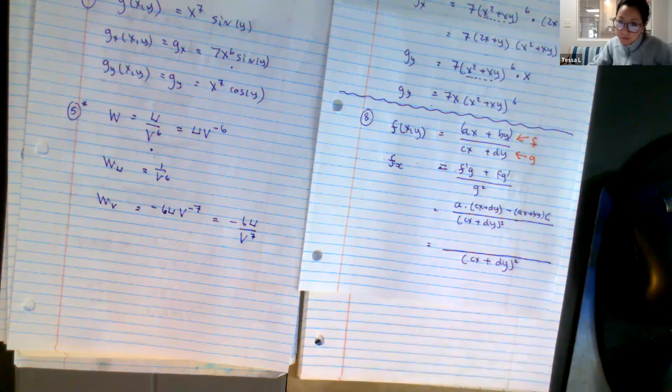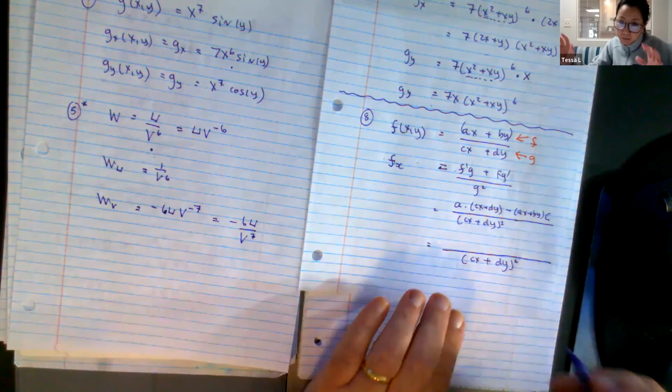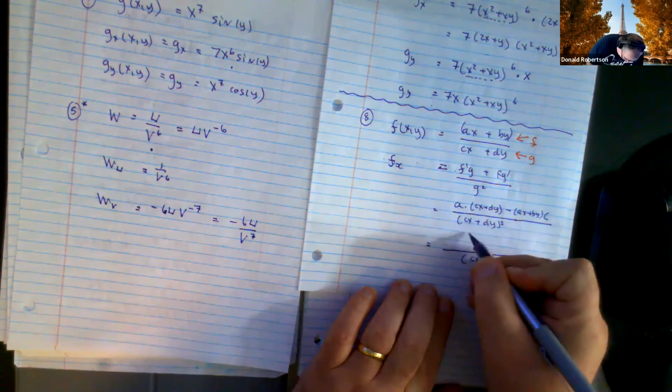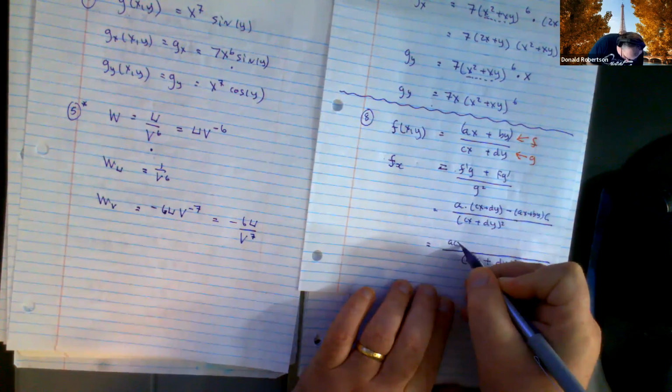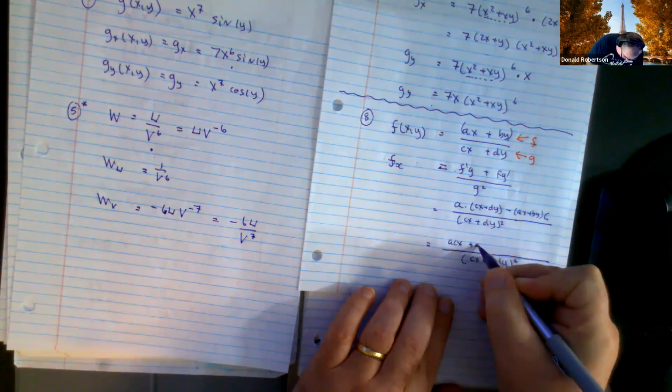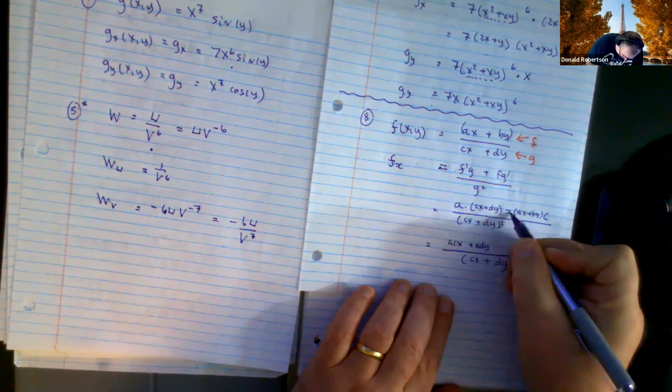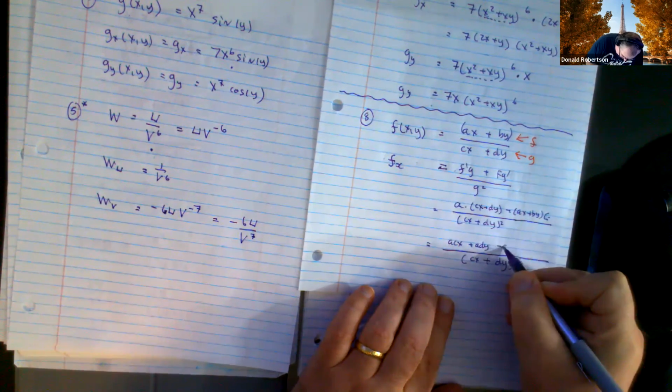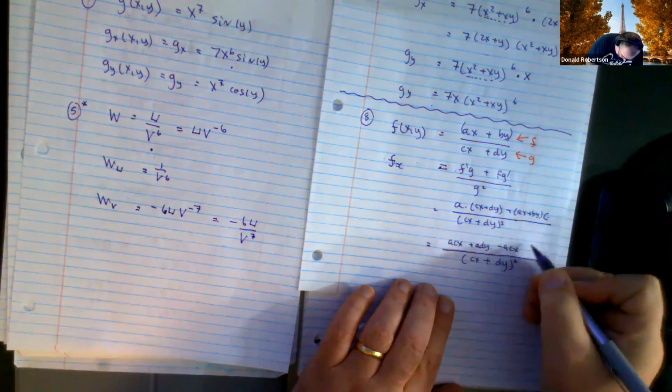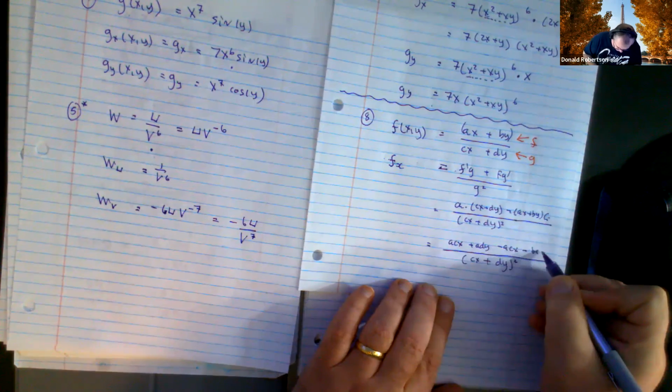Distribute the a and the c into the parentheses. Right, so a times this is acx, a times that is ady, minus this guy gets you minus acx, minus this guy gets you minus bcy.